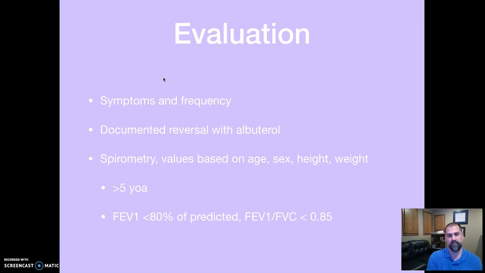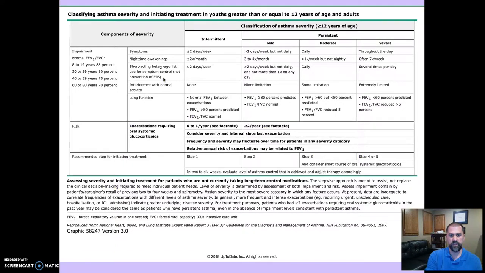If they have a patient who's less than 5 or maybe developmentally delayed, they probably would not be a good candidate for spirometry because there is a developmental component to being able to perform the test. And then remember that the values are based on age, sex, height, and weight. And then we use an FEV1 of less than 80% of predicted, and then the FEV1 over FVC of less than 0.85.